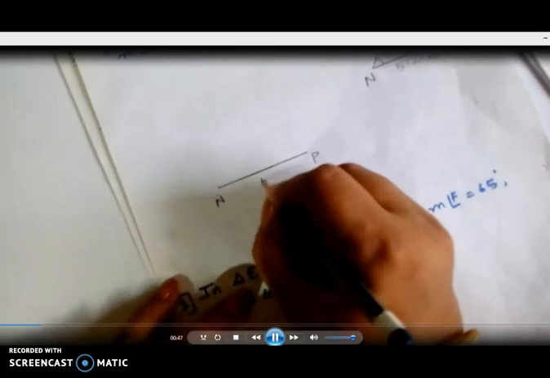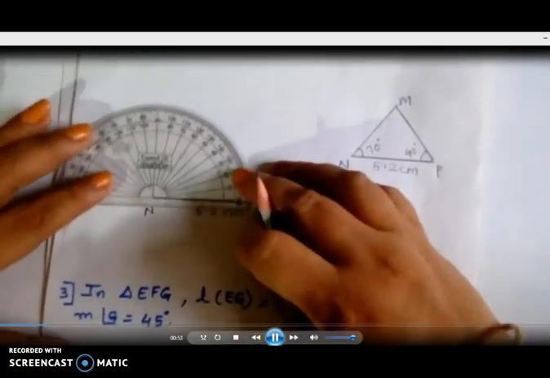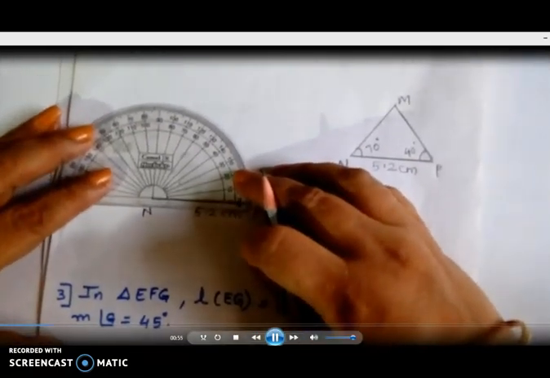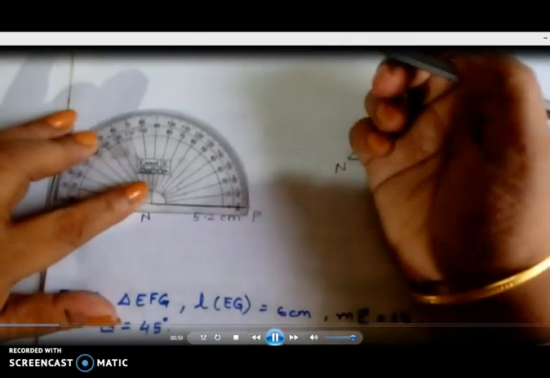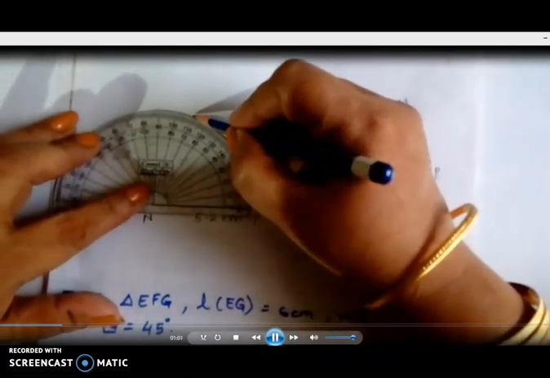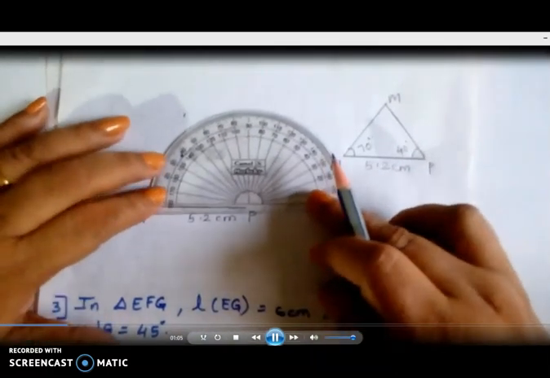NP 5.2 centimeter. Now we'll take angle N 70 degree and angle P is 40 degree.